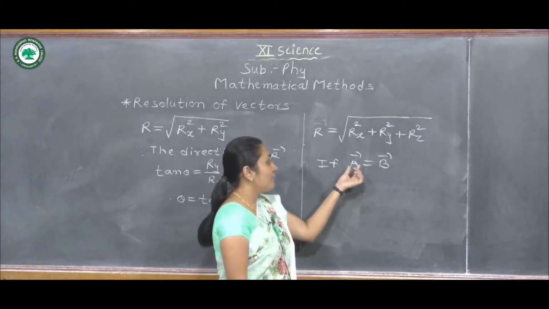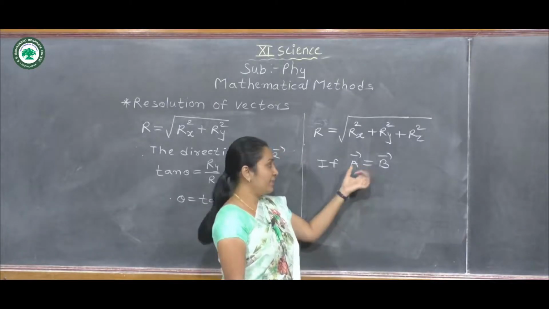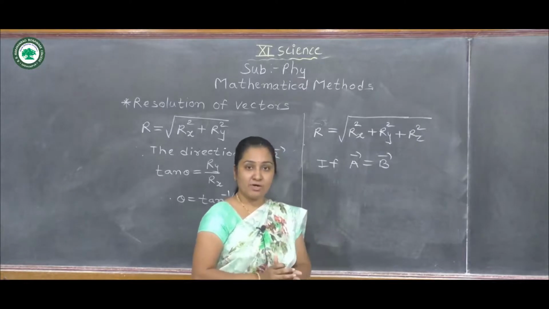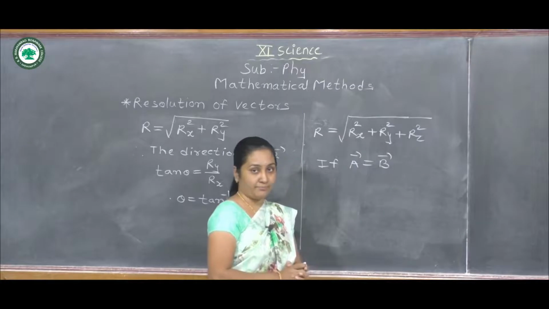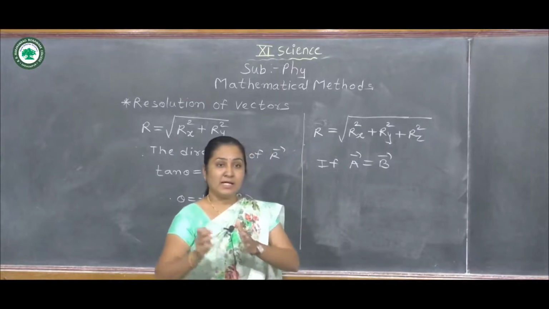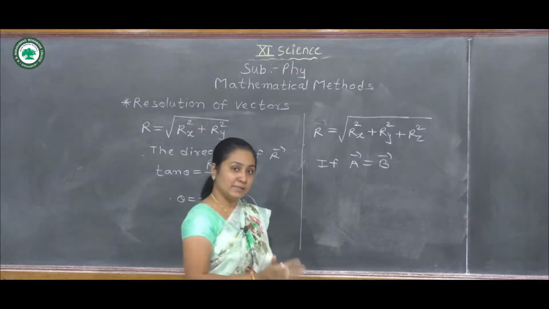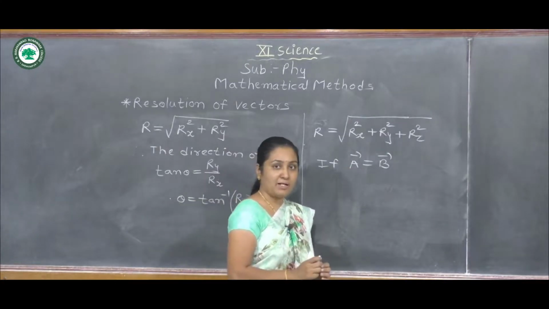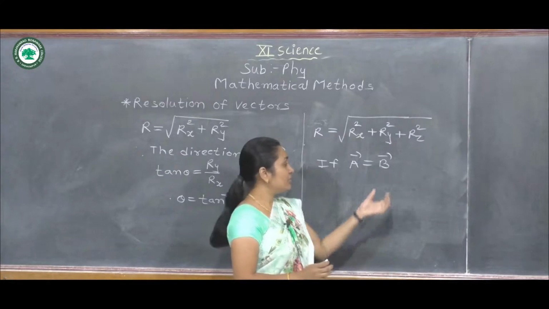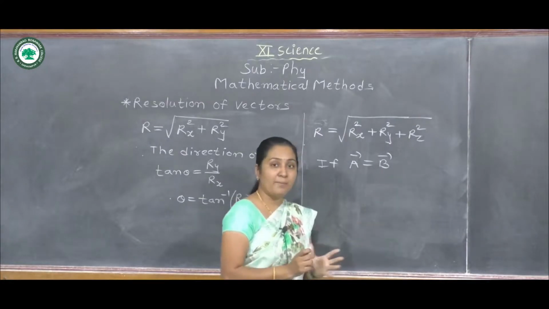Similarly, the y component of vector a bar is equal to the y component of vector b bar. And if there is a z component, then the z component of vector a bar is equal to the z component of vector b bar.